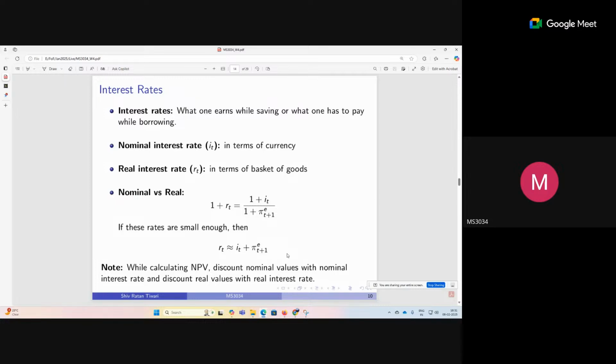But if your cash flows are defined in terms of goods, for example an investment opportunity that gives you payment in gold or bananas or any other good, then we call that payment in real goods, and we have to discount it with real interest rates.